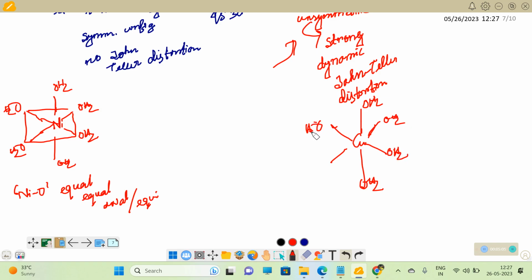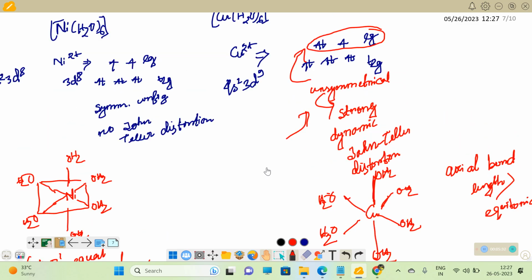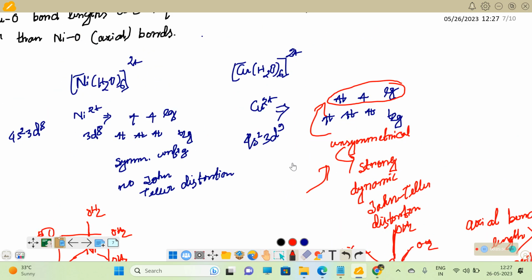So the axial bonds will be elongated compared to the equatorial bonds. We can easily detect it through spectroscopy, that is IR spectroscopy, bond strength. The axial bond length will be greater than the equatorial bond length, and we can know this by studying spectroscopy data.